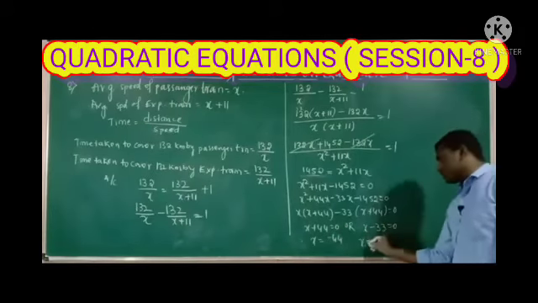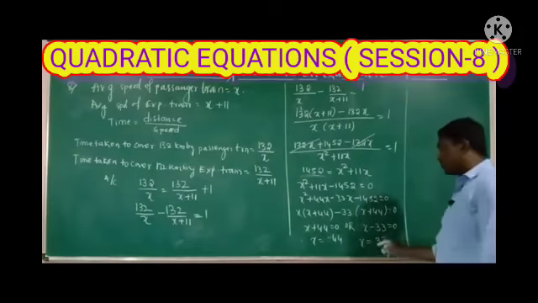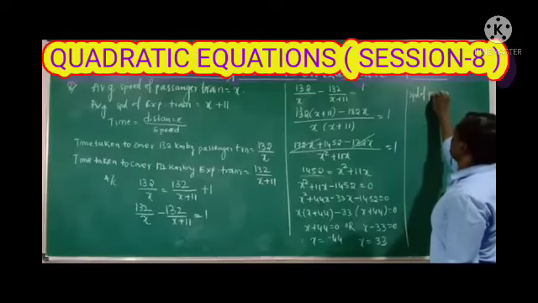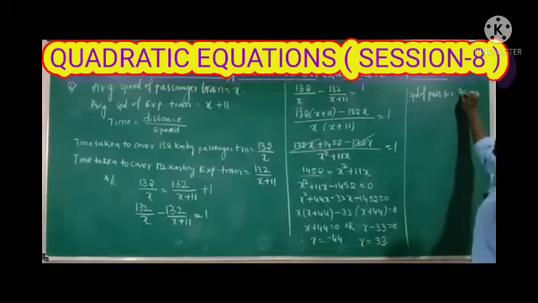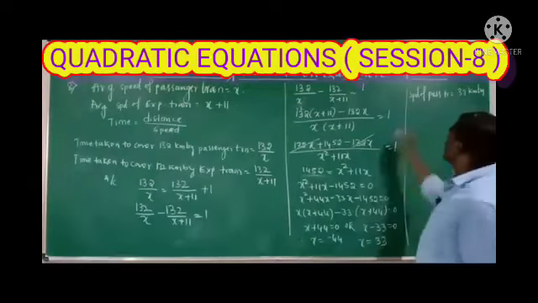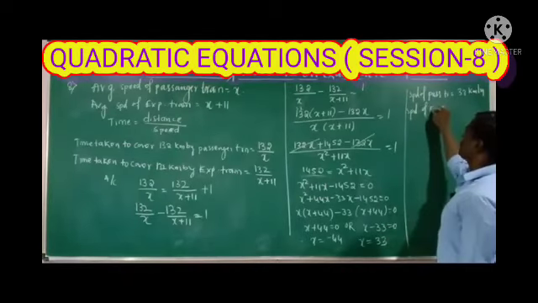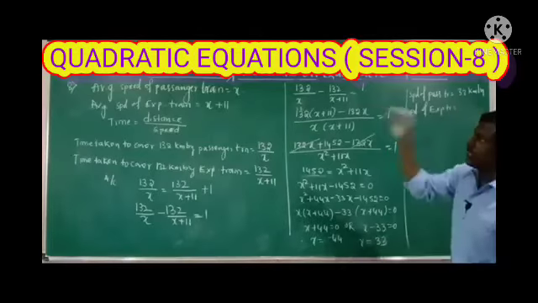The speed of the train will never be negative. So the speed of the passenger train is 33 kilometer per hour, whereas the average speed of the express train is x plus 11, right?